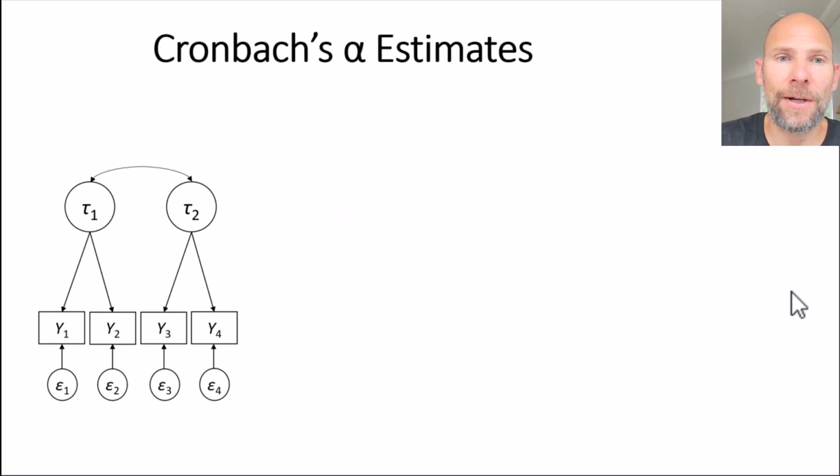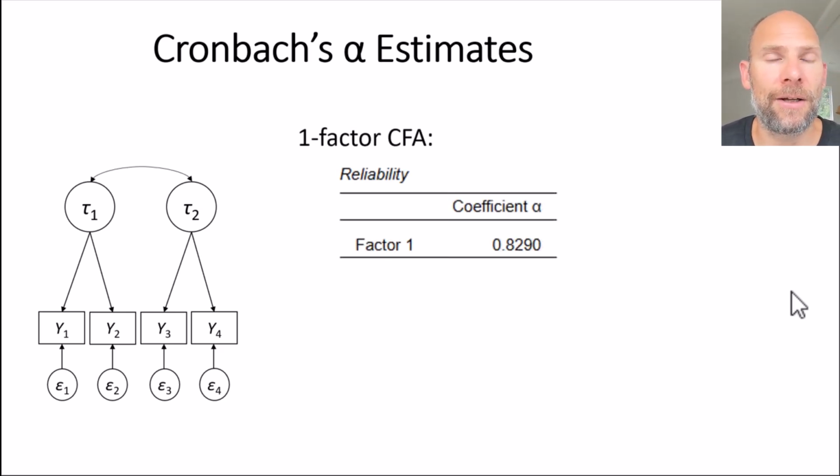So now let's take a look at the Cronbach's alpha estimates for our two-factor solution. Even though a single factor model doesn't fit, I can still calculate unidimensional reliability. So I can still go ahead in JASP and ask JASP to give me Cronbach's alpha, and it will do so even without any model fit test.